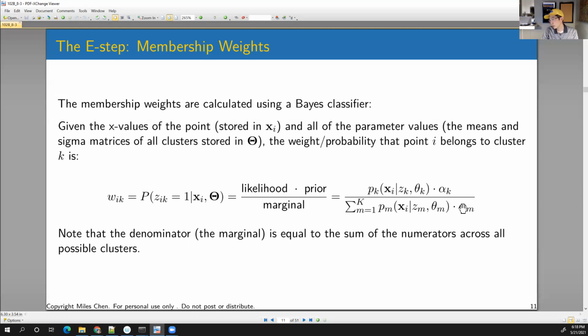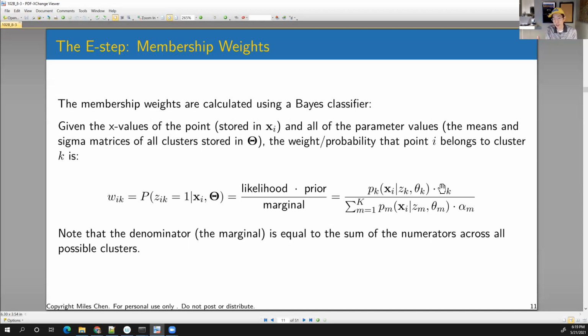And again, just like when we did for the Bayes classifier a couple weeks ago, the marginal, the denominator, is just found by taking the numerator and summing it across all possible clusters. So in our case, we have 3 possible clusters. We're going to calculate the numerator across all 3 possible clusters. And the sum of that is going to form our denominator.